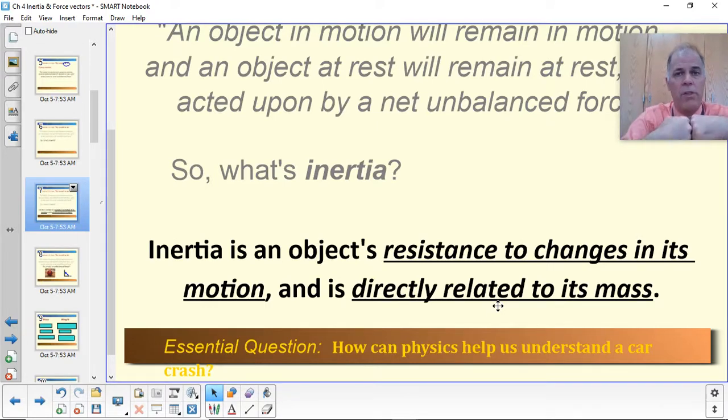A ping pong ball, though, if you push on it pretty gently, will move because it has less mass, which means it has less inertia. A ping pong ball is easier to change its motion than a bowling ball. And a bowling ball is easier to change its motion than a truck. The more mass it has, the more inertia it has, and the harder it is to get it to change.